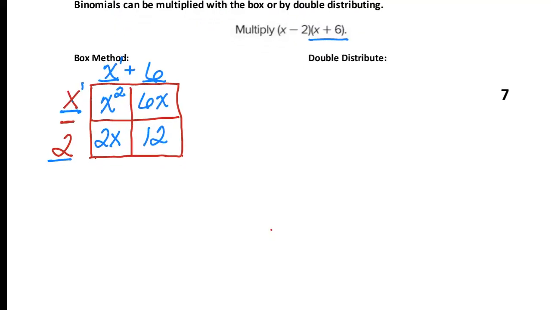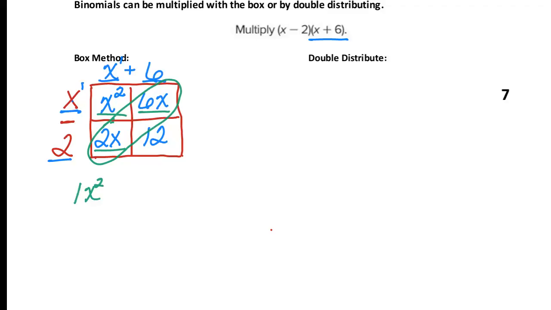Okay? Now, as you look at these terms, hopefully you see you have a pair of x's that we need to combine. Usually those are found on your diagonals, and we have to combine those. So putting this all together, my first term is x squared.